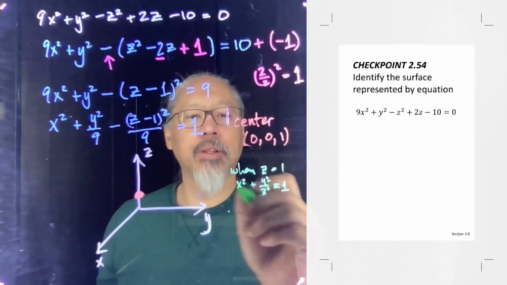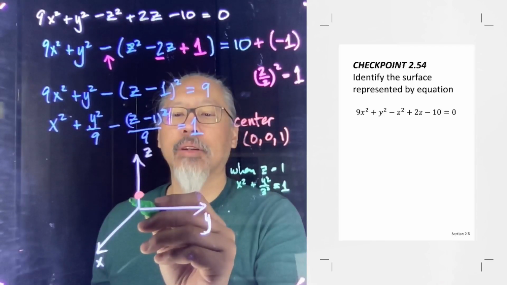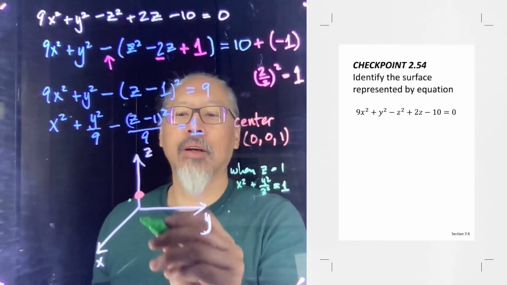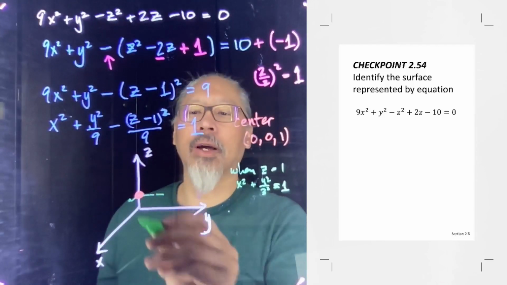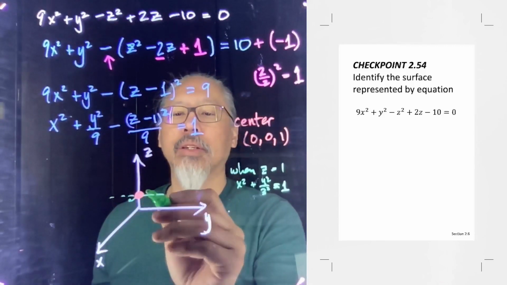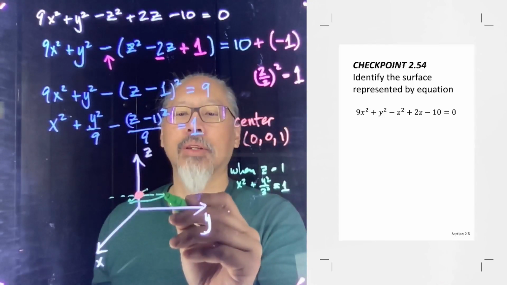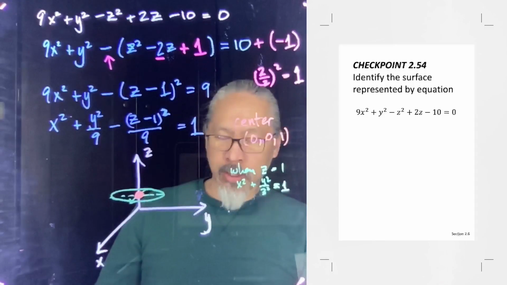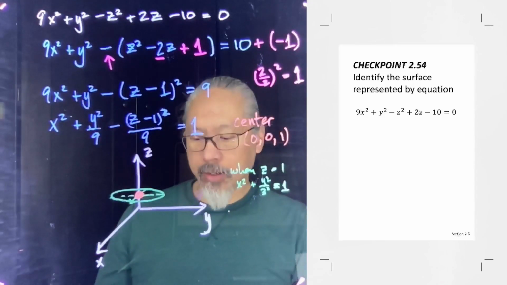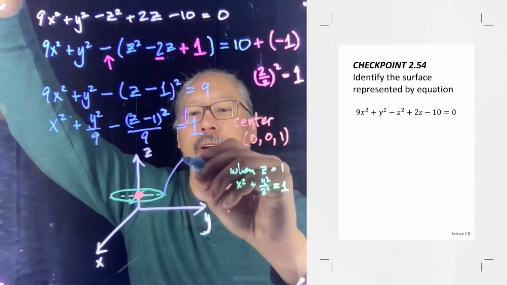I put 3 squared there because that gives us the y-intercepts. Up here, we go 1 unit along the x-axis and 1, 2, 3 units along the y-axis, and another 1 unit back. So we have an ellipse. That's kind of like the center cut, and everything else will just look like a hyperboloid.